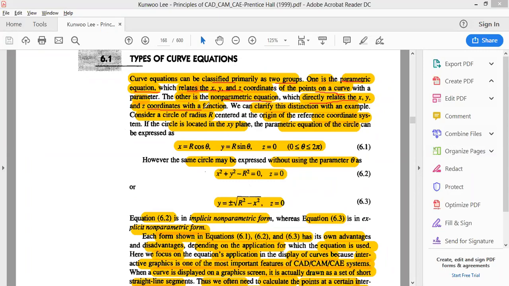Each one of these, whether we represent it in parametric or non-parametric equation, has some plus and minus points, some advantages and disadvantages based on the application. So let us see first what this parametric equation and this non-parametric equation are. A parametric equation is, for example, if we take up a circle and we have to represent this circle in parametric form.